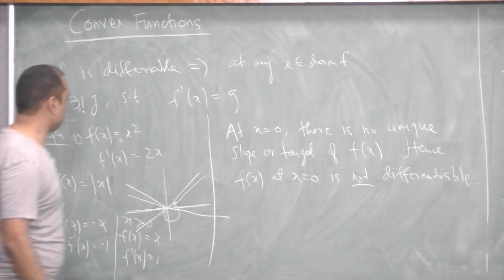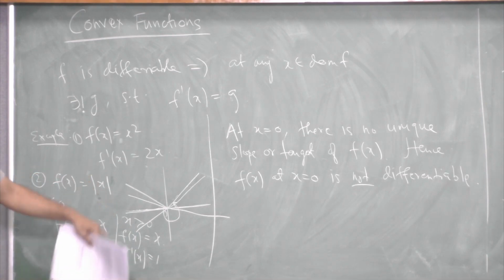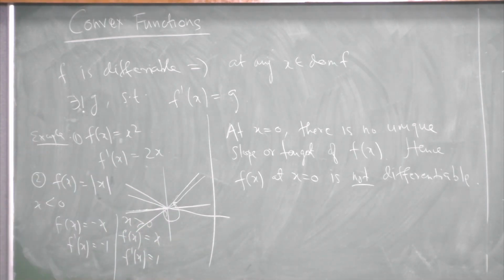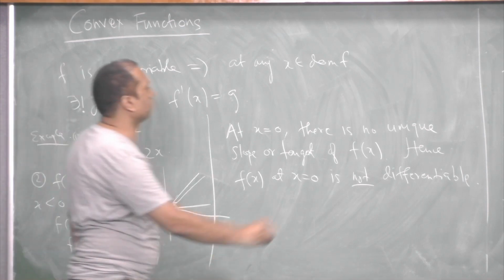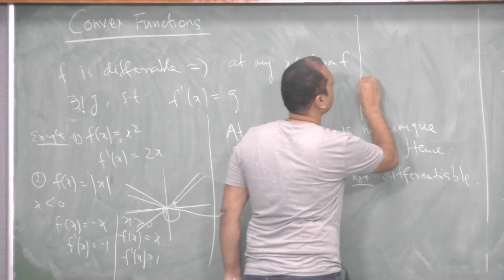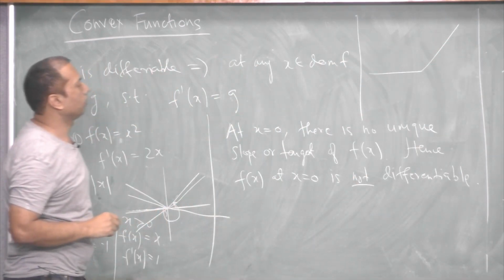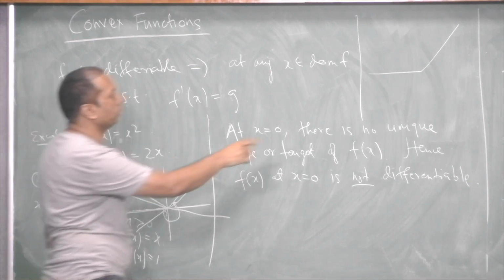Okay, but somehow, having functions like this is quite common. So if you do deep learning, then you have functions like ReLU, which is non-differentiable. ReLU looks like this. So it's non-differentiable here.